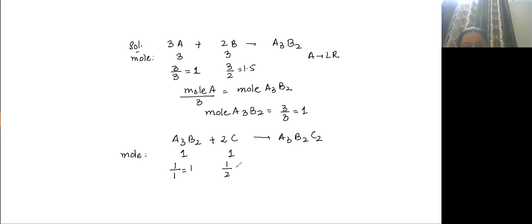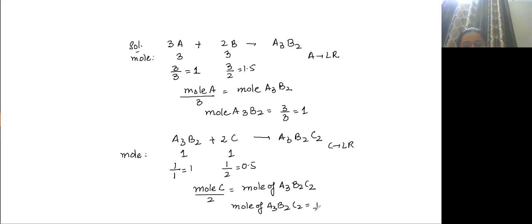This is 1 divided by 2, this is 0.5. So C is LR. Now C will decide the moles of A3B2C2 formed. So moles of C divided by 2 is equal to moles of A3B2C2. So moles of A3B2C2 will be equal to half. So correct answer is option B.